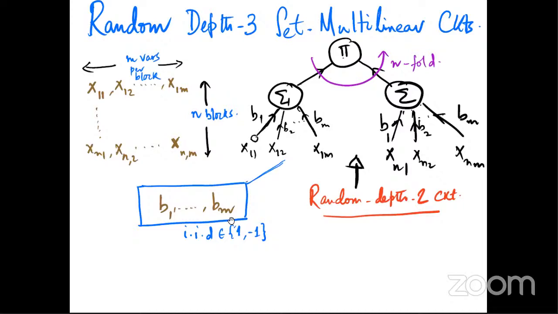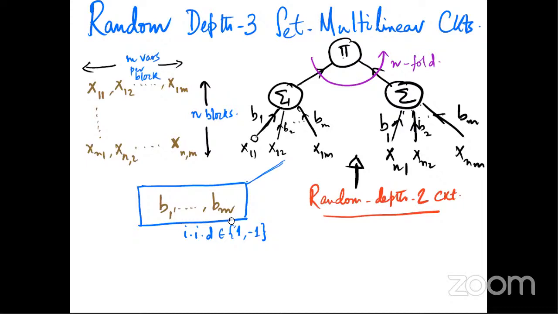The coefficients of the variables in the block are chosen at random, either 1 or -1. These B_i are numbers, 1 or -1, chosen independently at random. There are m variables per block, so you have to choose m of these numbers, 1 or -1, totally at random, with probability half for 1 and half for -1.